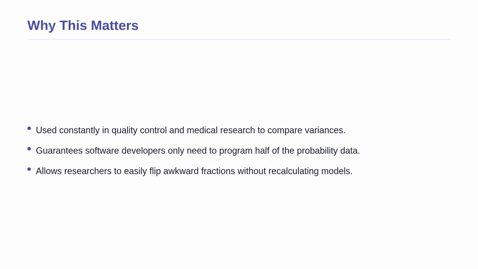It guarantees that software developers and statisticians only need to program or print half of the data, saving immense computational and physical space. Furthermore, it allows researchers to easily flip their perspective. If comparing Group A to Group B yields an awkward fraction, they can instantly flip it to compare Group B to Group A without having to recalculate their entire probability model.